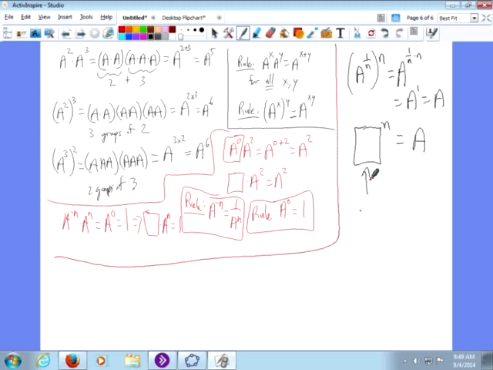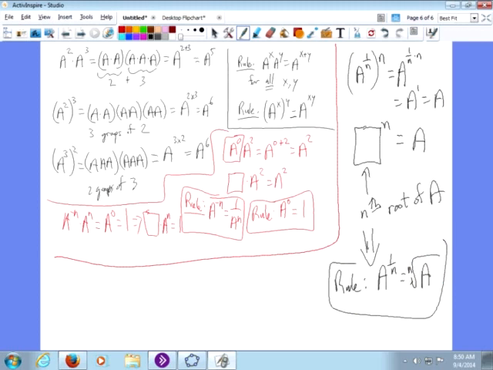And so here I have something whose nth power is equal to a. This is the nth root of a. That's actually how you define the idea of a cube root or a 10th root or whatever. And so that implies this rule that a to the 1 over n is the same thing as the nth root of the number a.